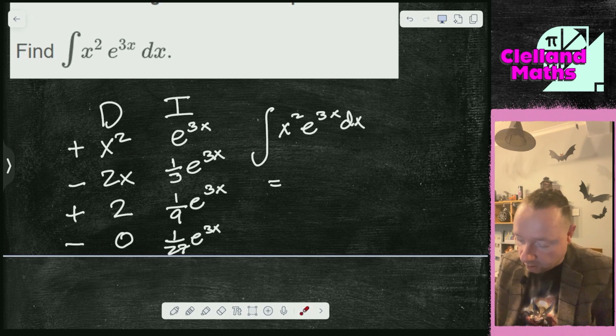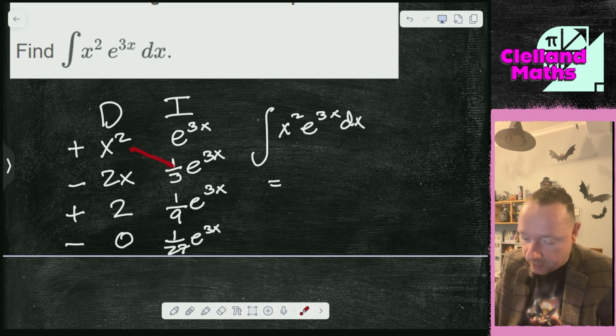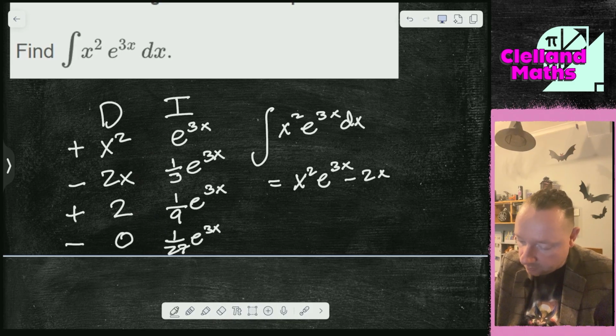It literally is just that times that minus that times that plus that times that minus 0. So that's x squared e to the 3x minus 2x over 3, 2/3 then, e to the 3x plus 2 over 9.